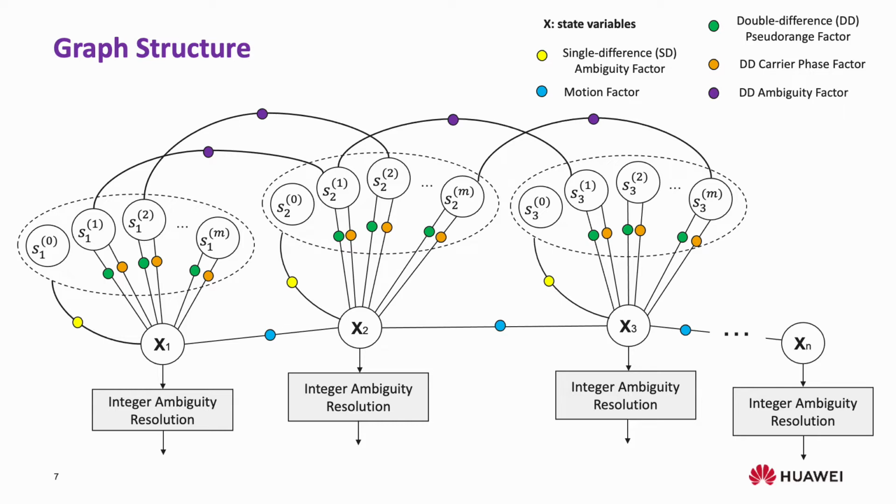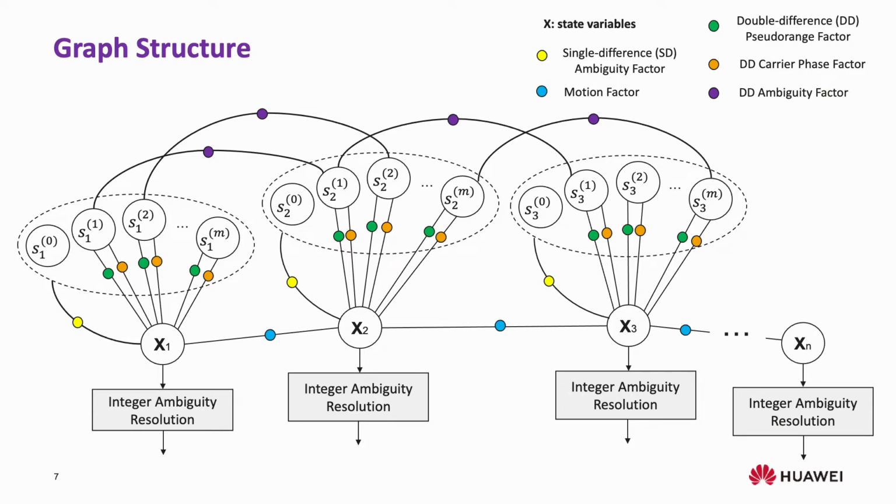The green and orange factors represent the double difference pseudo-range and carrier phase measurements for RTK. They are differenced by the reference satellite, which is indexed as 0 in this figure. And the blue factor is the motion factor, which provides the constraints between two state variables, actually the positions between two epochs.